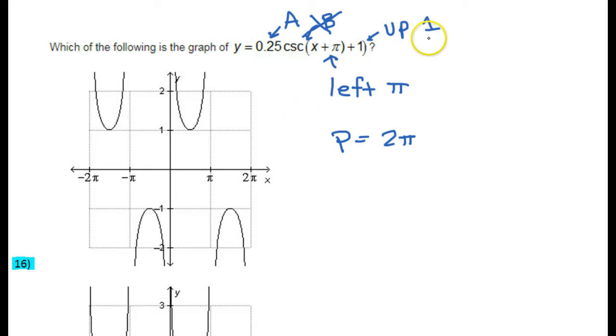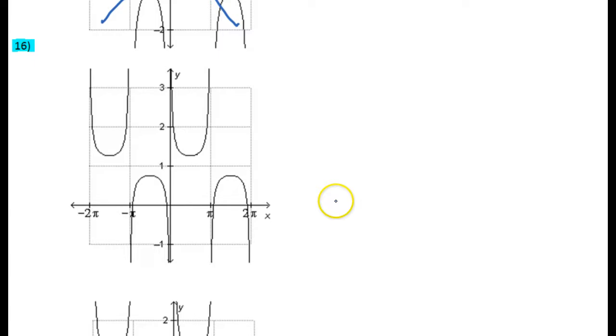So this tells us that the midline right through the middle of the graph should be at 1. This graph, the midline is 0, so that tells us that this is not the answer. So we've eliminated 1 so far. This graph seems to have a midline of 1, so that's okay.